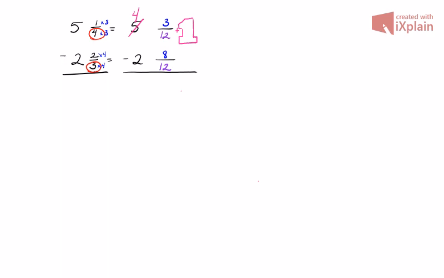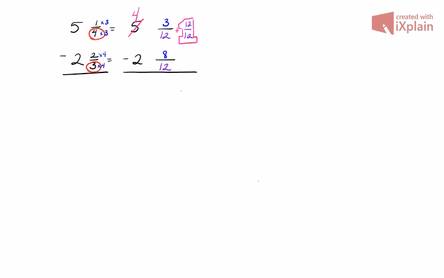Whenever you're adding or subtracting fractions, we need to make sure that they have the same denominator. So I'm going to change this 1 into 12 over 12. You see why I drew that open bubbled 1, so this way I can change that 1 into a fraction right away.